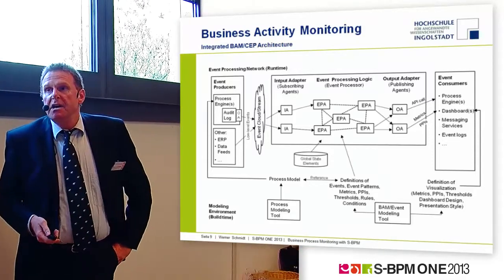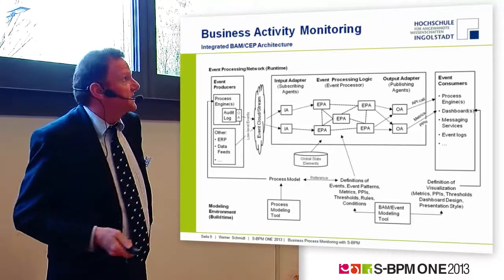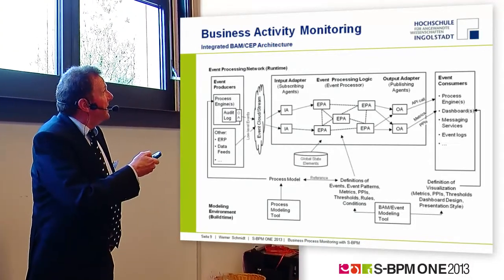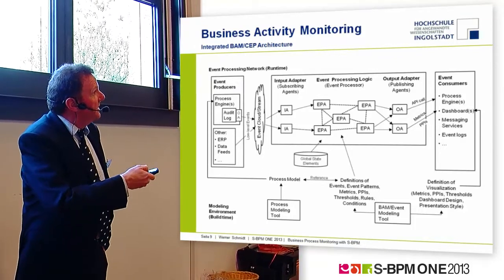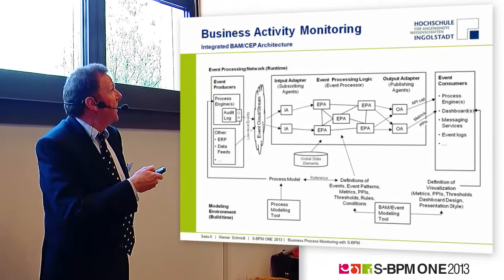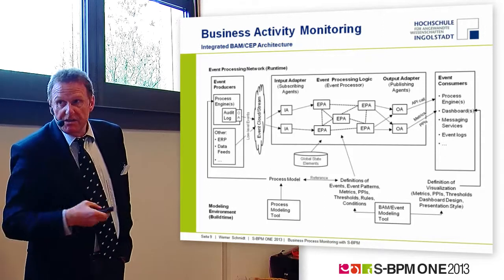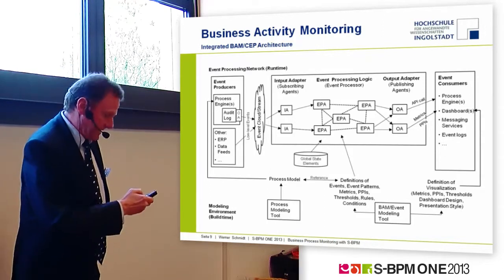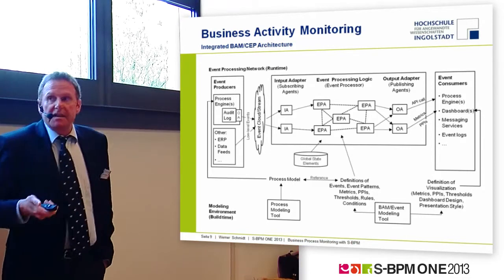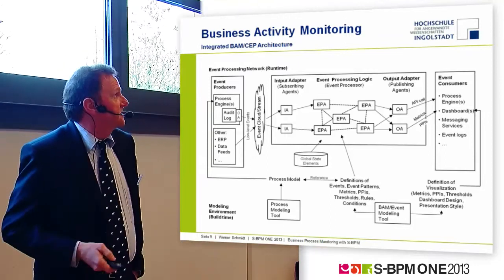What you see here is a so-called business activity monitoring complex event processing architecture. If you look at the runtime area up here, you can see that according to this architecture concept, you have event producers like the process engine writing an audit log, and other event producers, for example an ERP system writing a sentence in an accounting process.